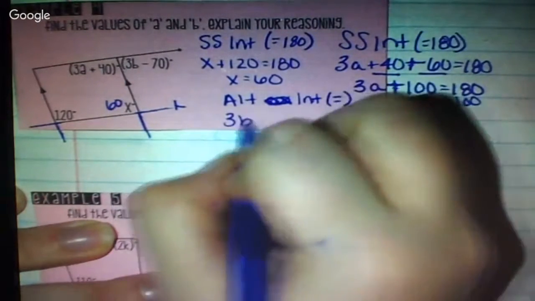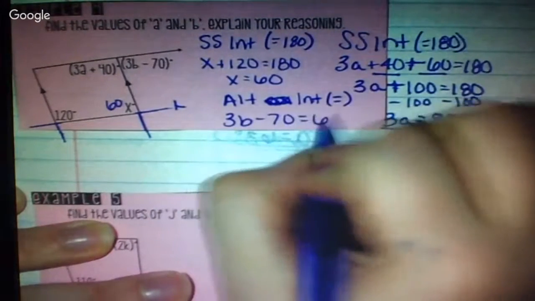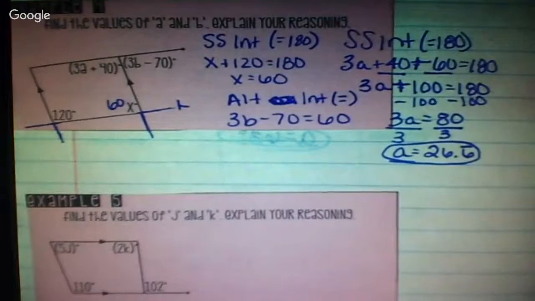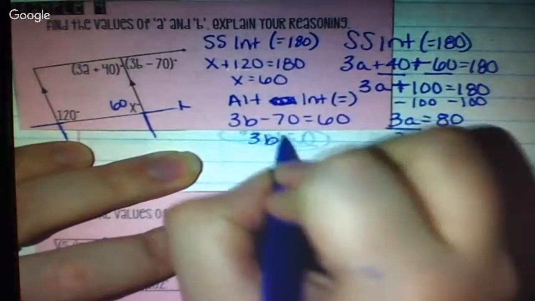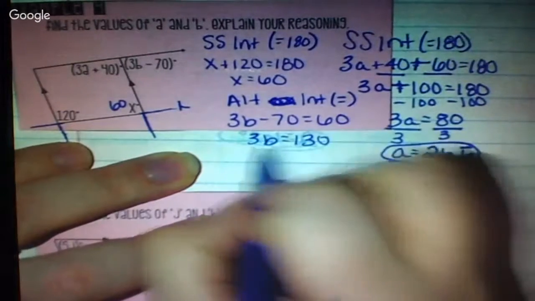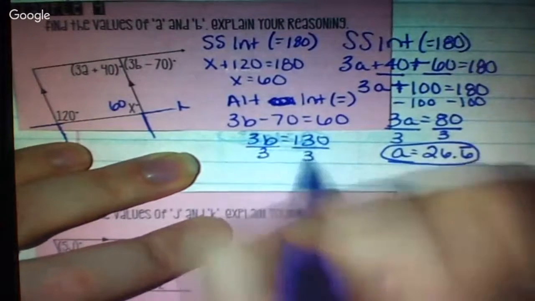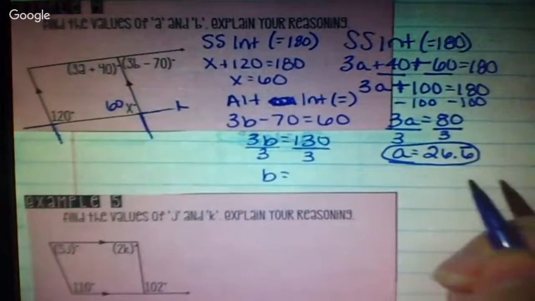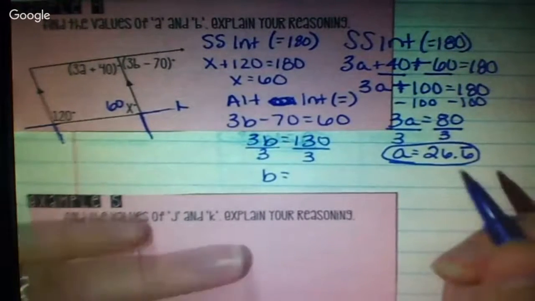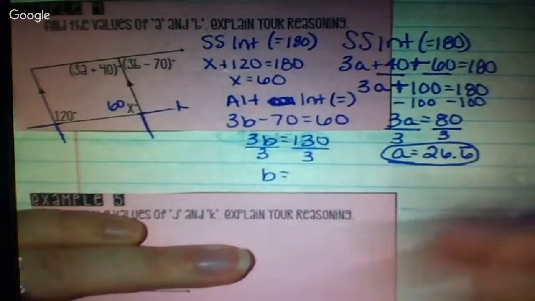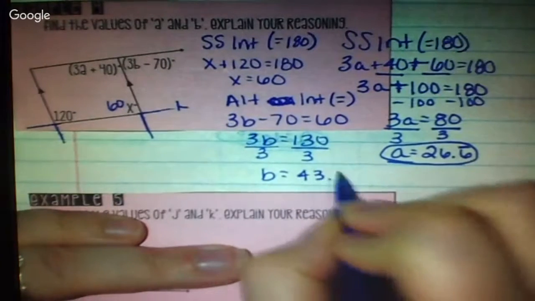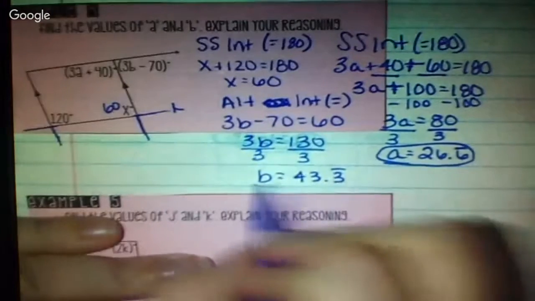So 3B minus 70 equals 60. So 3B is 130, good. And when I divide by 3, B equals something close to 40. 43.3 repeating. See, I told you something close to 40.